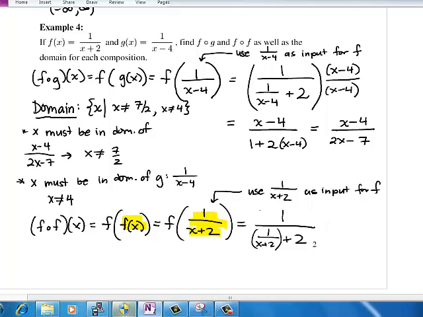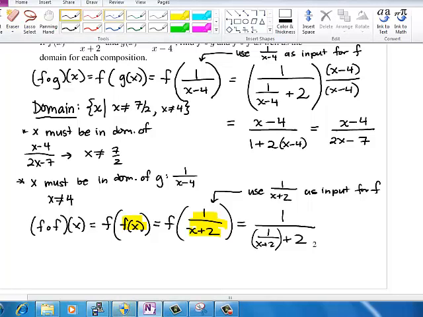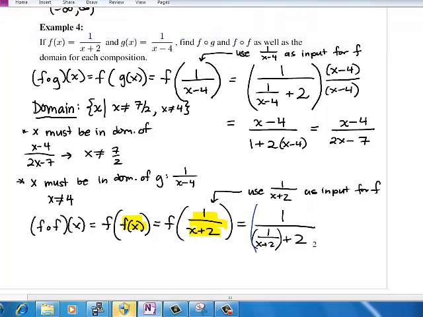So we again want to clear out the fractions, clear up the complex fraction. So we'll multiply the whole thing by x plus 2 over x plus 2.